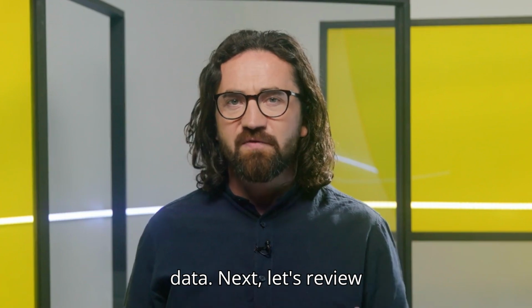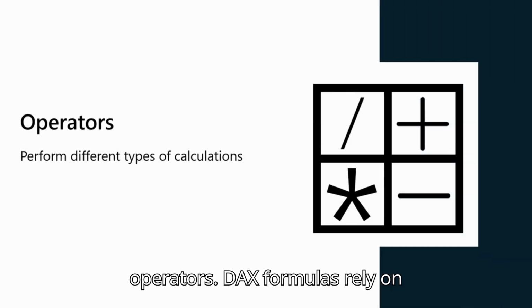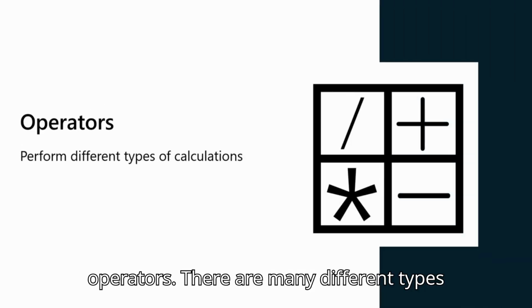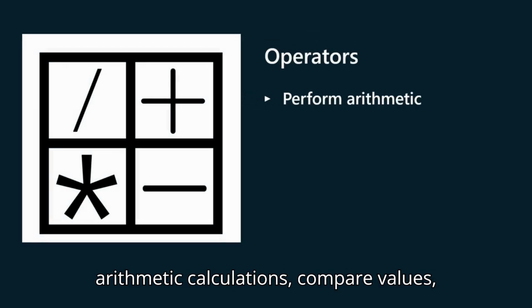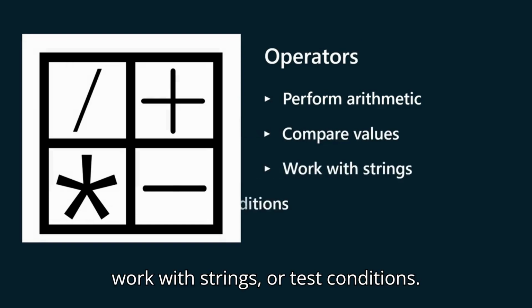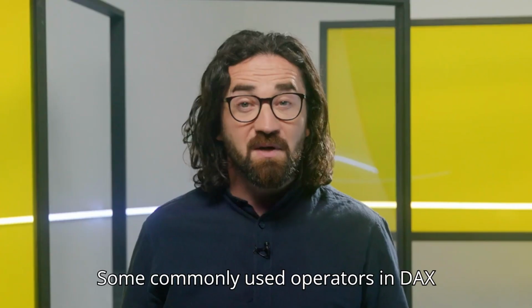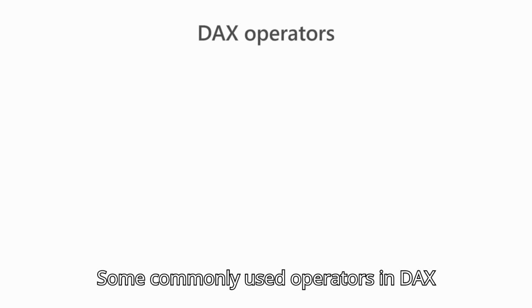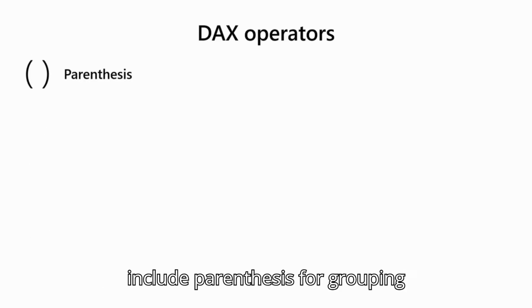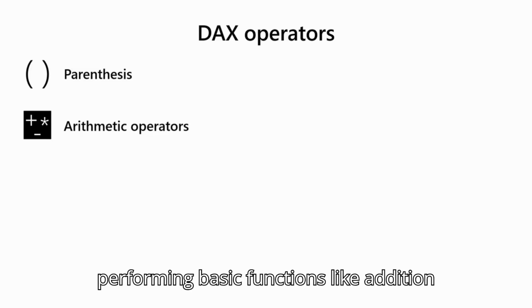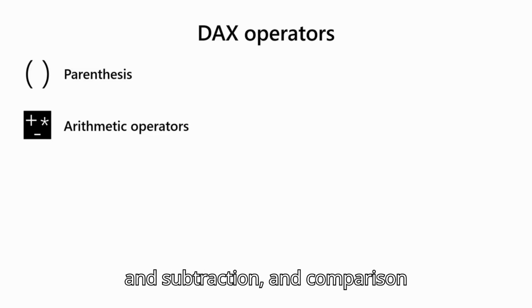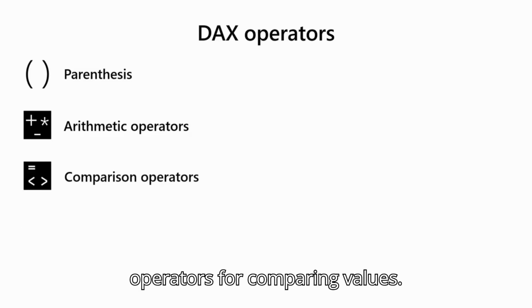Next, let's review operators. DAX formulas rely on operators. There are many different types of operators. They can be used to perform arithmetic calculations, compare values, work with strings, or test conditions. Some commonly used operators in DAX include parentheses for grouping arguments, arithmetic operators for performing basic functions like addition and subtraction, and comparison operators for comparing values.